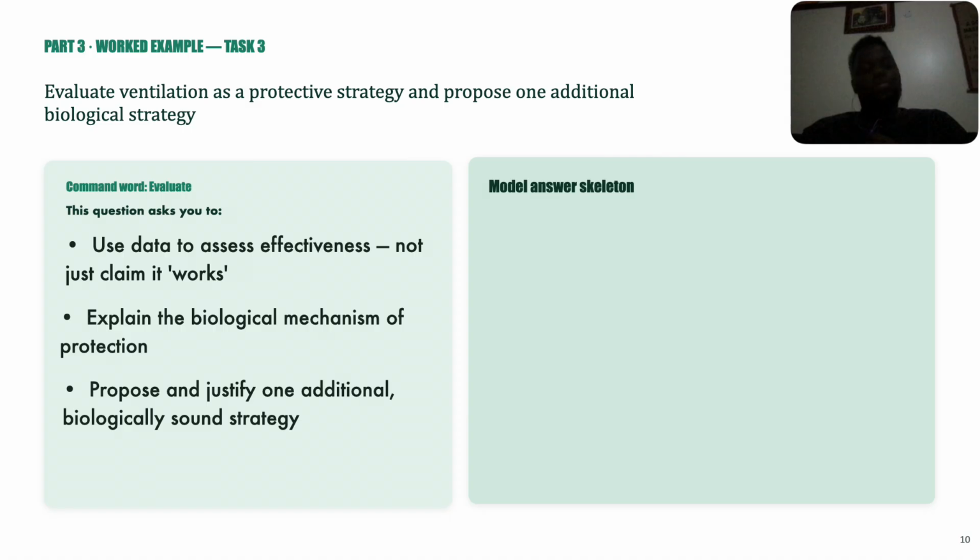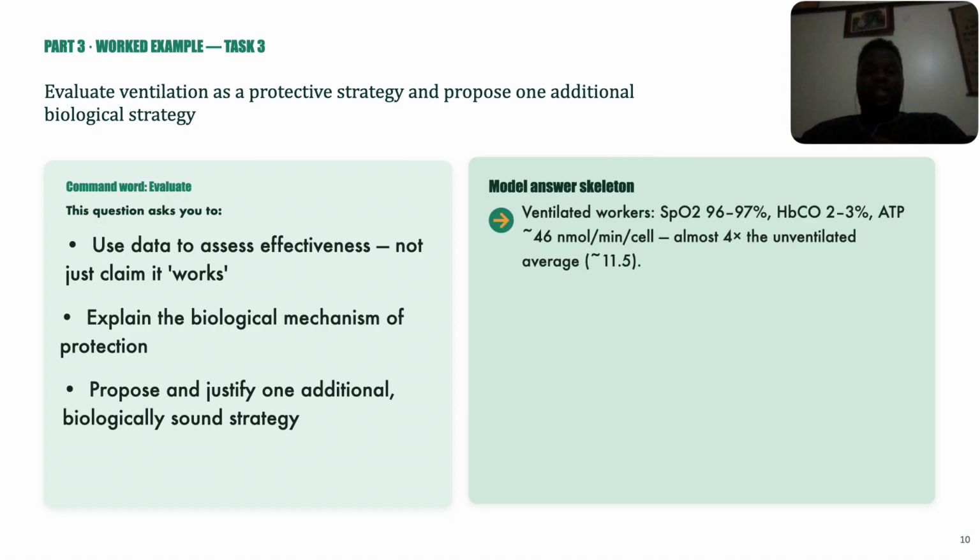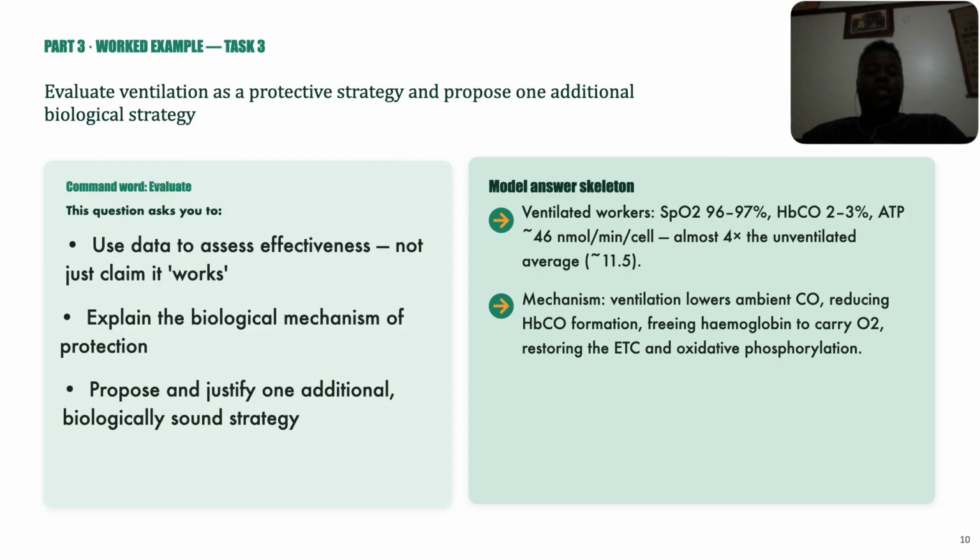Okay, so you're going to, of course, go back to the data. You're going to tell us that ventilated workers have this type of data, very low carboxyhemoglobin. They produce a lot of ATP compared to the unventilated workers. You're also going to tell us the mechanism of why this strategy works.